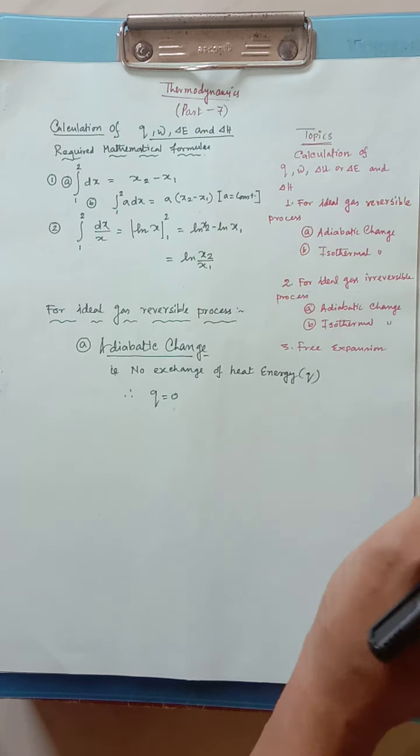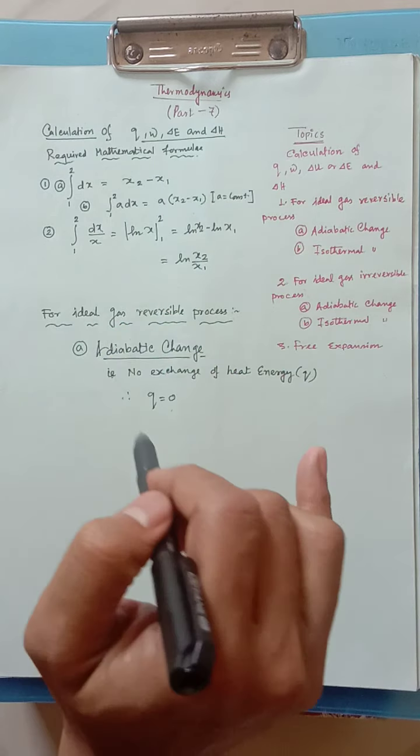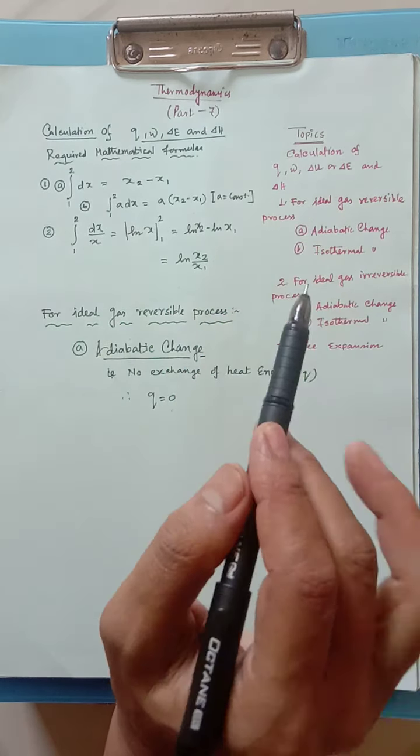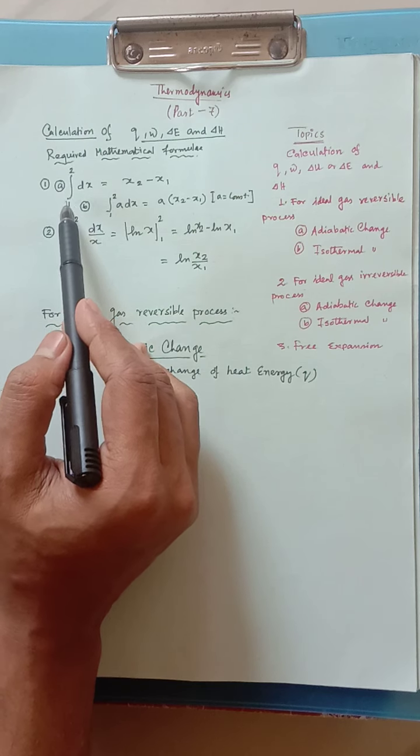Before moving forward, I have written a few mathematical formulas here, which are very much required to find out the calculation for these properties. The required formula is like this: integration of dx, this is the integration part.